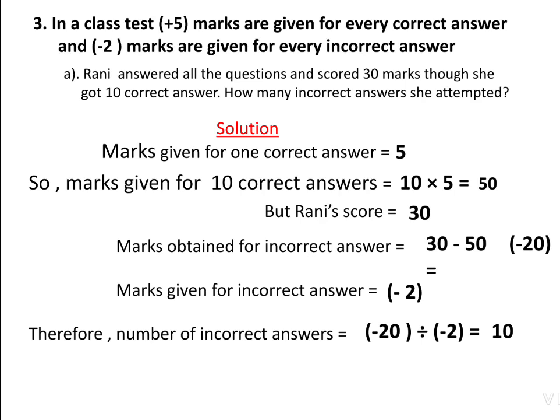So her 10 answers are wrong. 10 wrong answers means one wrong answer carries minus 2 marks, so minus 2 into 10 is minus 20, that is 20 marks are decreasing. This is the method of finding incorrect answers.